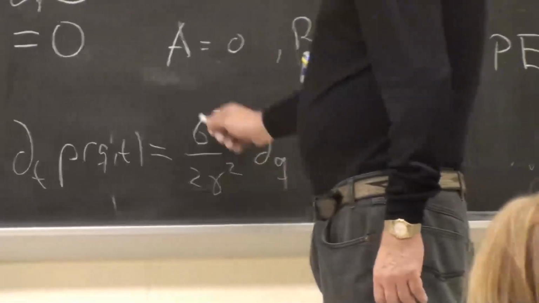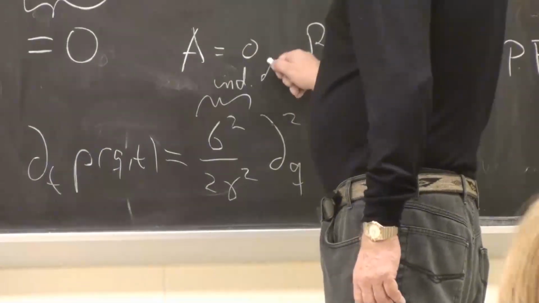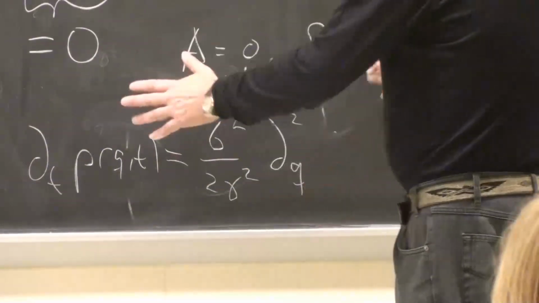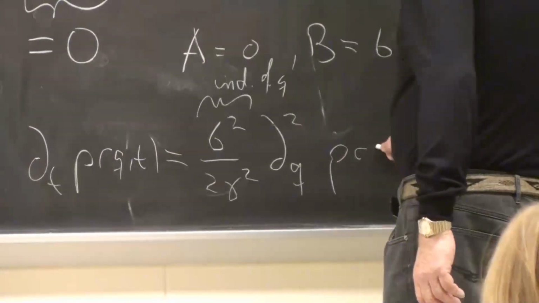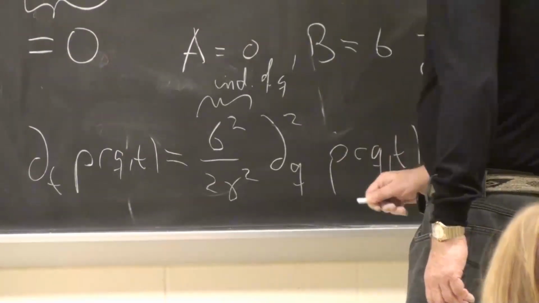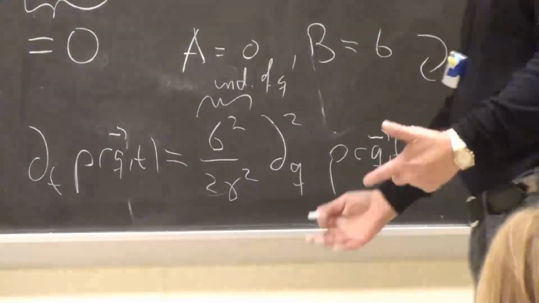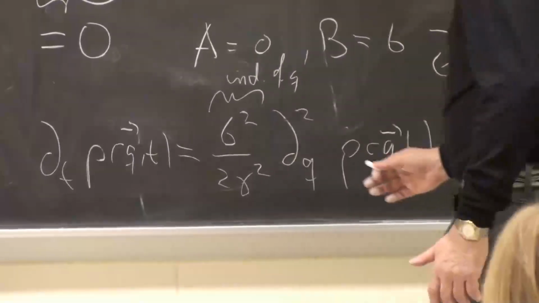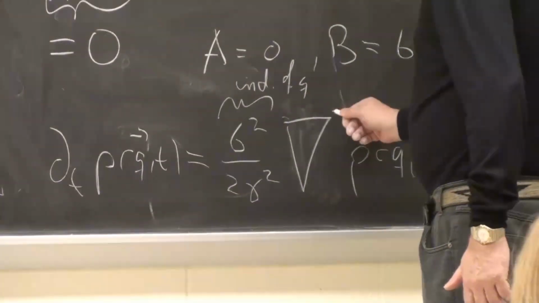And we assume this one is independent of q, so let's assume it's a constant, times p of q and t. And if it's a 3-dimensional particle, you can see quickly that you are getting 3 dimensions, and in this case, this one would become the Laplace operator.